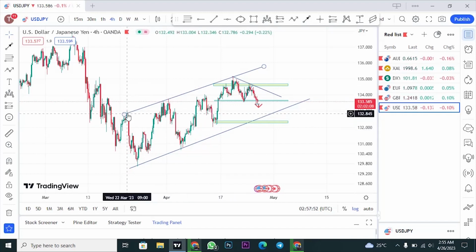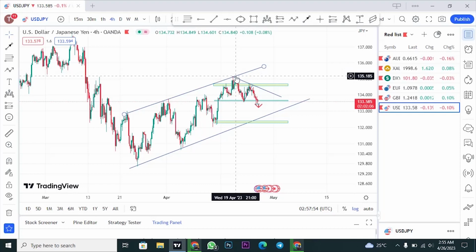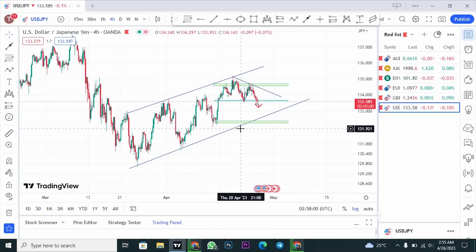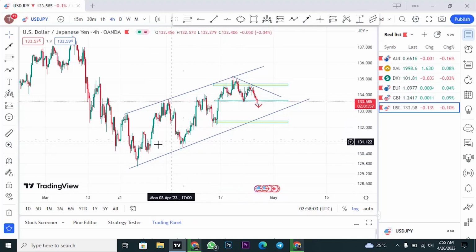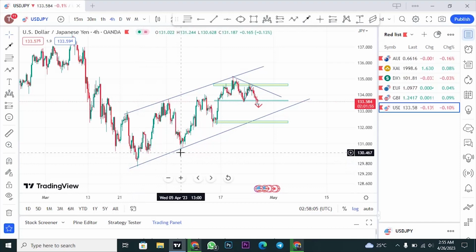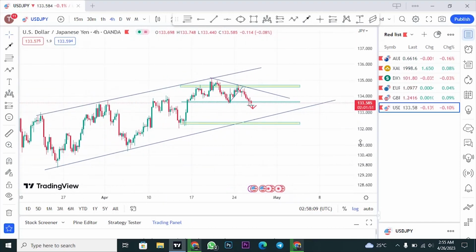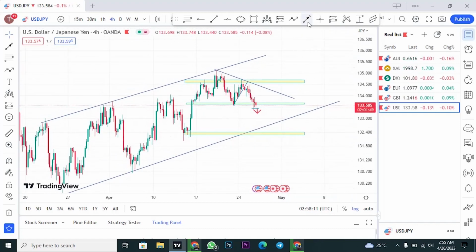You can see price touched here first time, second time, and the third time, and now price started dropping to the downside. And this is the support trend line. You can see price touched here first time, second time, and we'll be waiting for the third touch. Now you can see price is pushing to the downside right now.